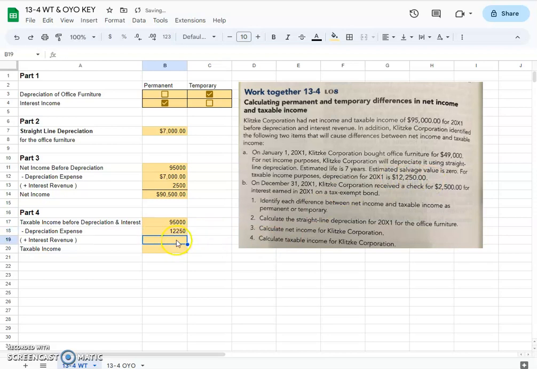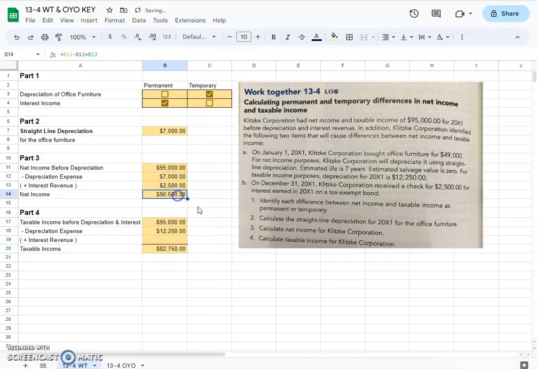And our interest revenue is not a taxable amount. It's tax exempt, so we're leaving it off there. So our taxable income is $82,750.